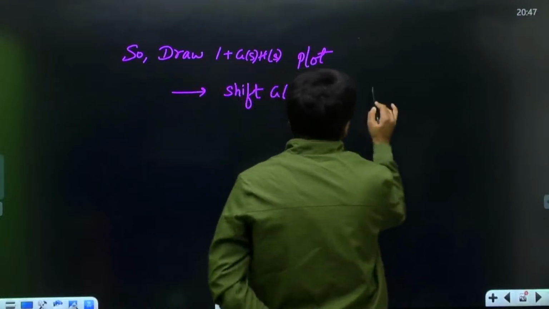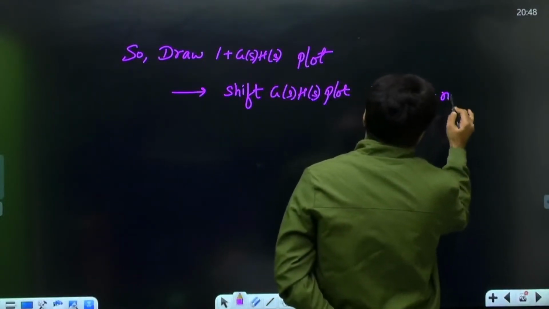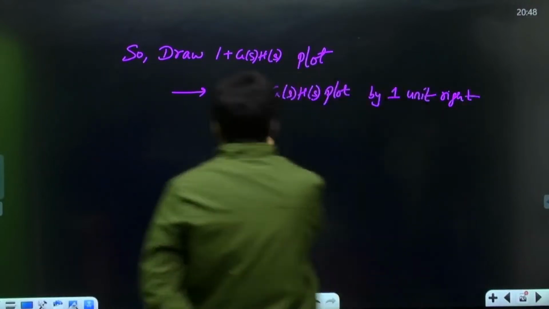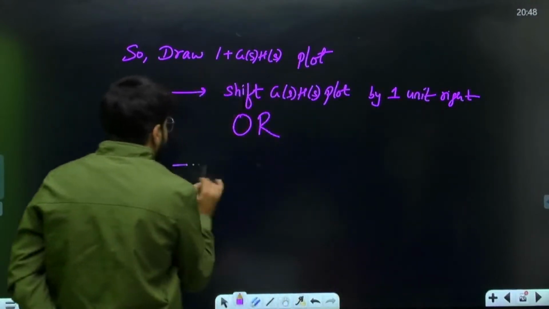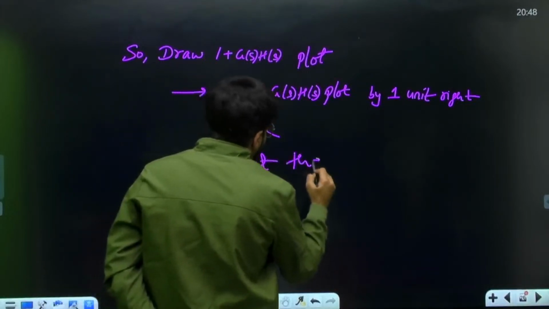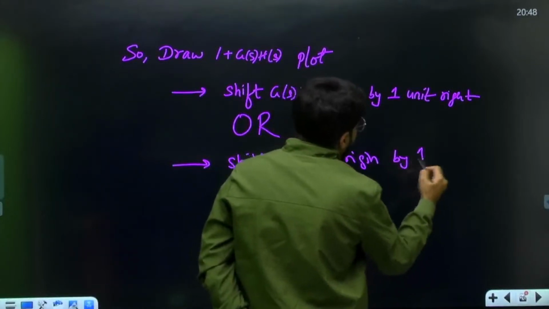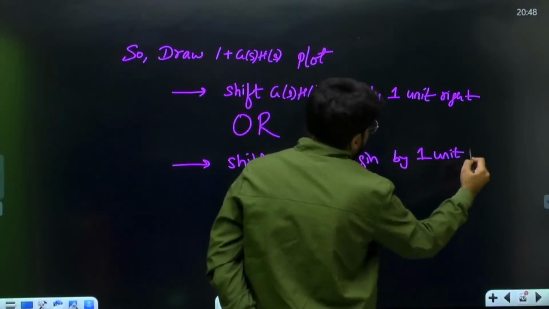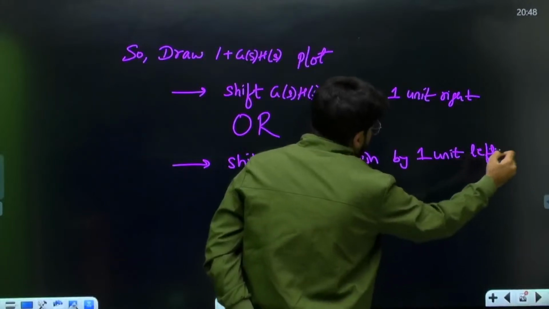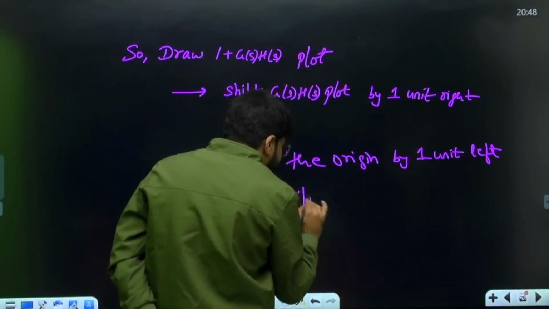So shift the G(s)H(s) plot by 1 unit right, or reverse effect, shift the origin by 1 unit left, and hence we get, draw the G(s)H(s) plot only.